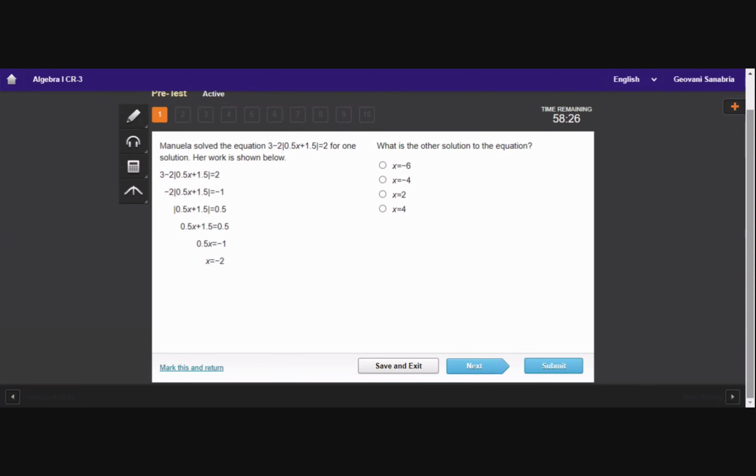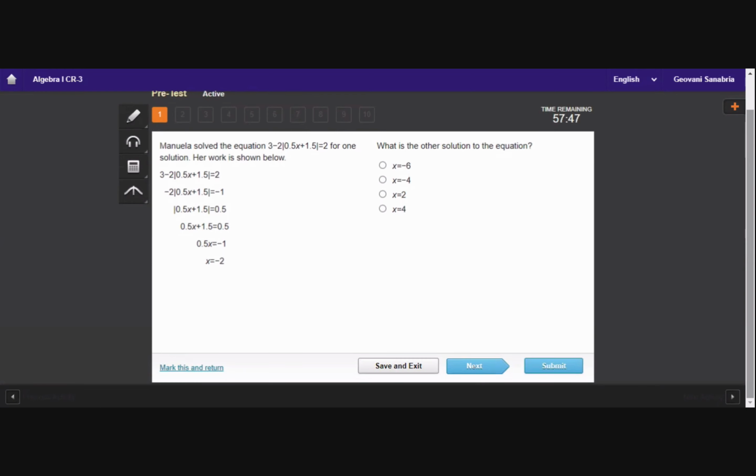So that's 0.5 times 4. You do that first, and then you do the plus 1.5, and you see what that is. 0.5 times 4 is 2, plus 1.5 is 3.5.